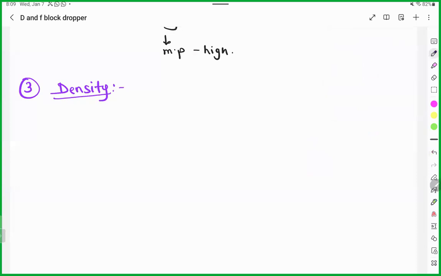What changes happen in the case of density in d block elements? Because we know density is equal to mass by volume. There is not much change in the mass, but as you know, volume is decreasing.